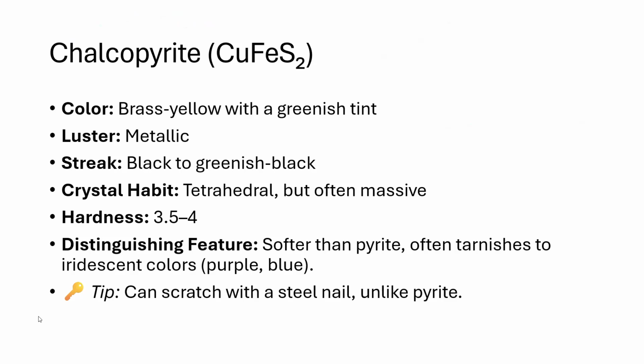So this is the distinctive feature. Okay, but if you were to look at the chalcopyrite which is not tarnished, then the distinctive feature will be its softness, but not only that, also a brass yellow color. Okay, it will be brass yellow basically.